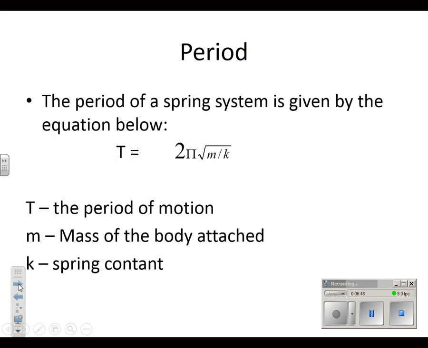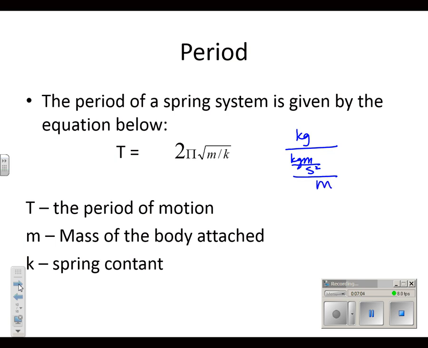newtons per meter. So when we look at the actual units of what we're dealing with here, we have kilograms over kilograms meters per second squared over meters.